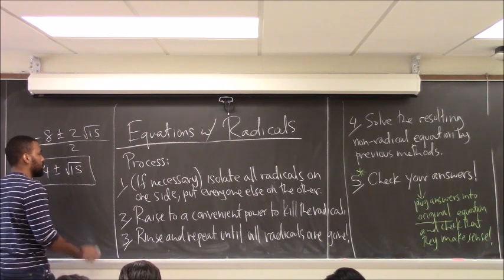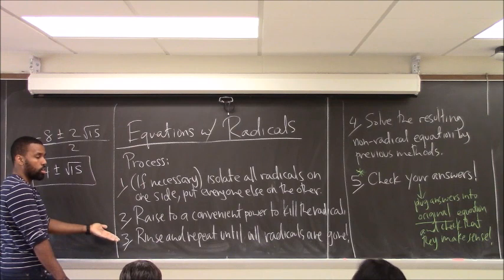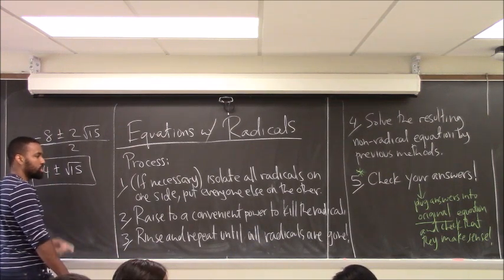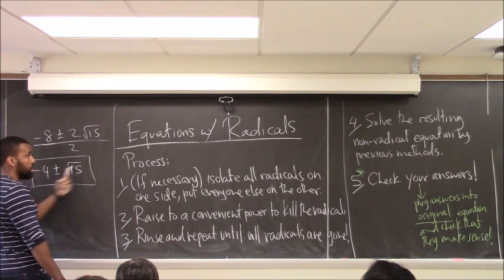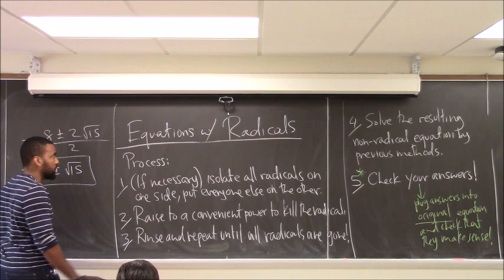That's kind of the process. Pretty much if you're given an equation with radical, your first goal is to get rid of all the radicals. You do this by isolating them and then keep raising things to powers until all the radicals are gone. Then you'll get a regular equation, solve it using the previous methods, and make sure you check your answers.